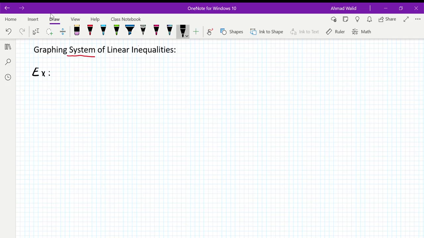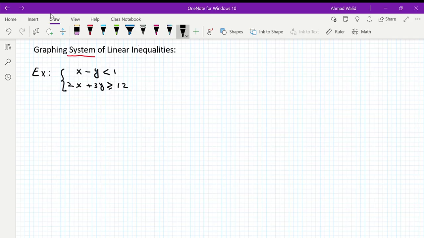For example, if I have a system of x minus y less than 1, and the second one is 2x plus 3y greater than or equal to 12. They are asking you to graph this system of linear inequalities.